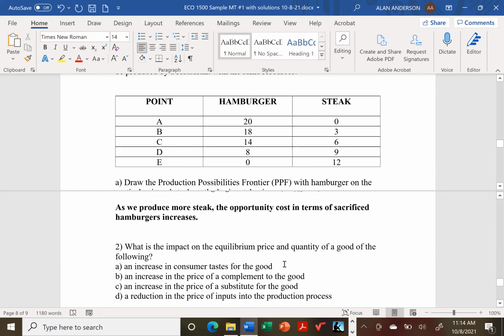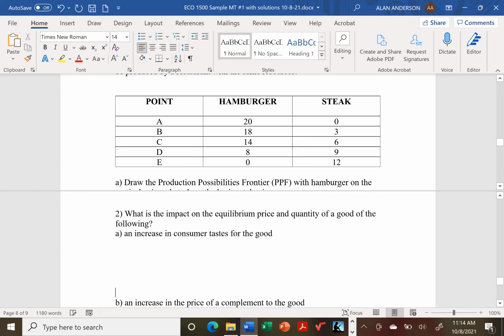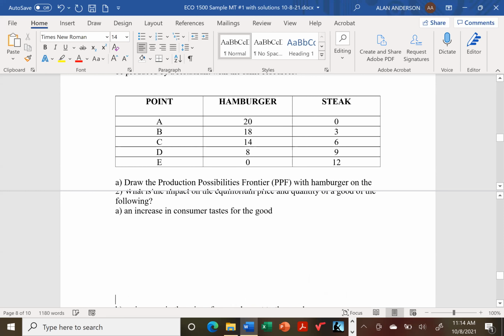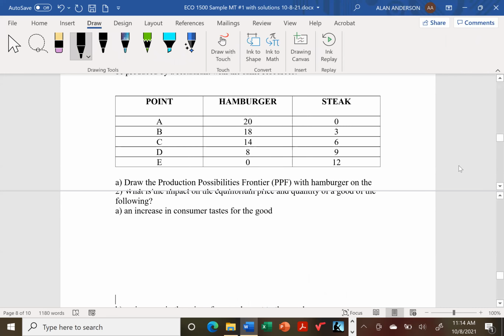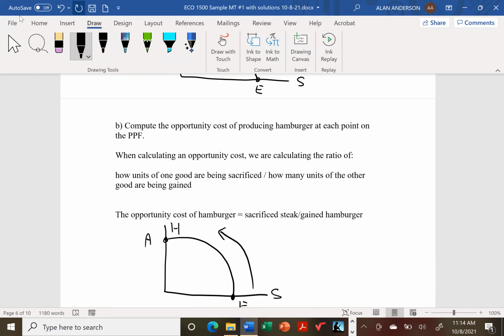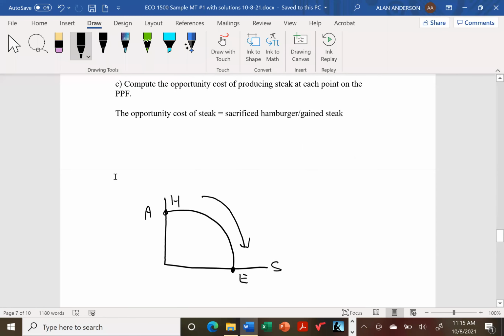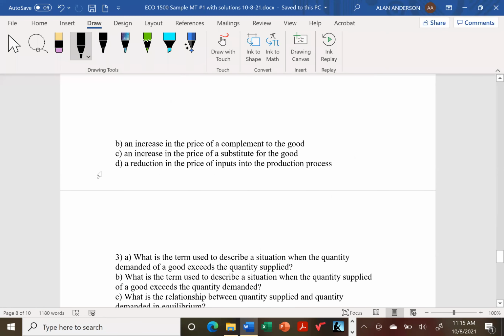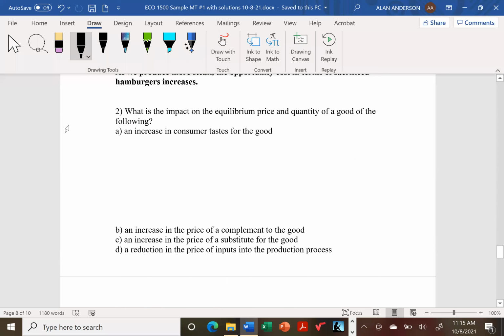And if you can visualize this, that's fine, but you might want to draw a picture. So for example, here, we have, start with the first one, an increase in consumer taste. So that should be an increase in demand.